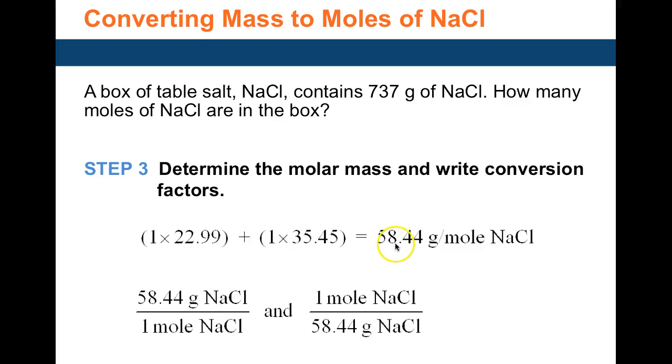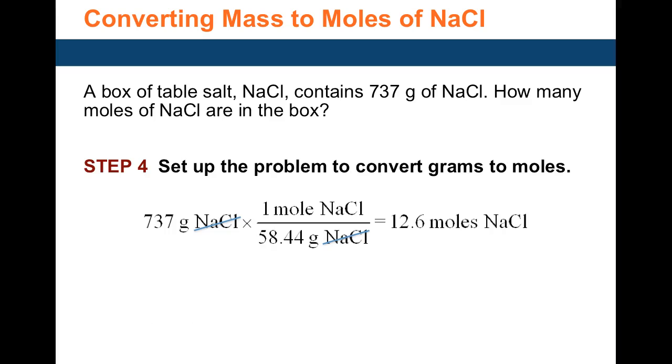Okay, so 58.44 grams of NaCl. Using that as a conversion factor, you want to get rid of grams, so you'll multiply by this conversion factor, 1 mole over molar mass. And so you divide this by this number and you get 12.6 moles of NaCl.